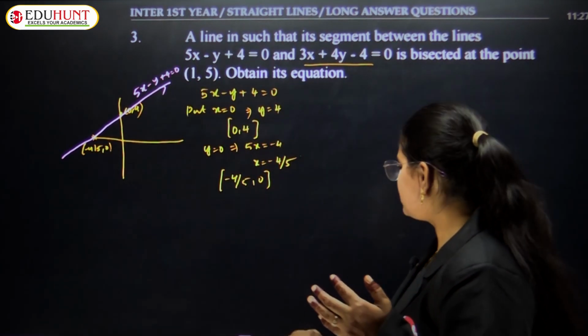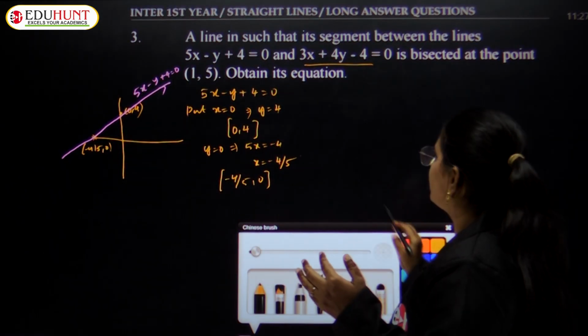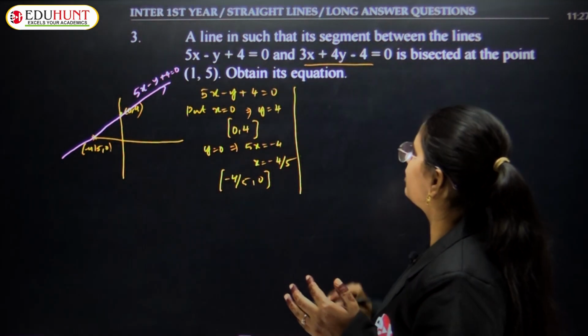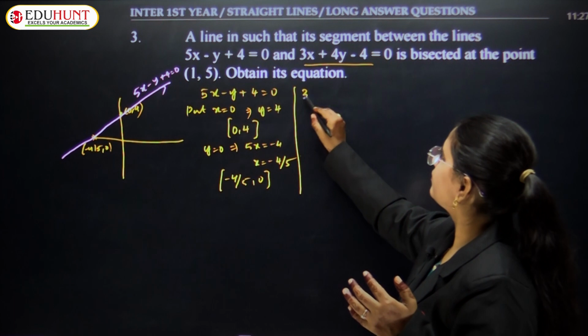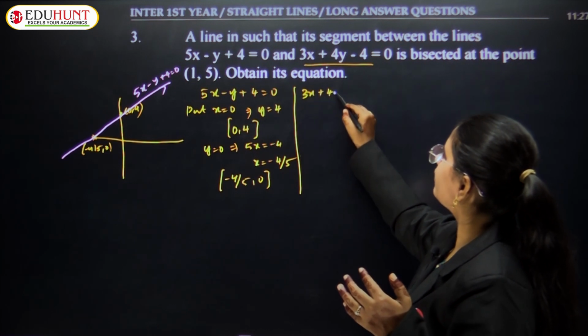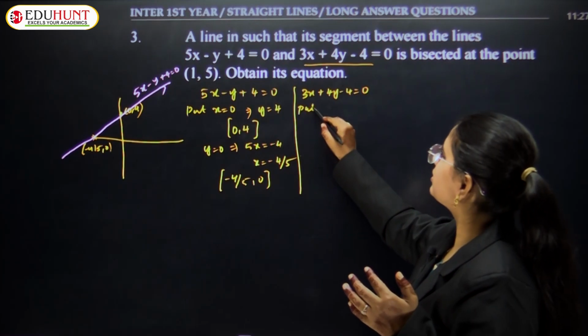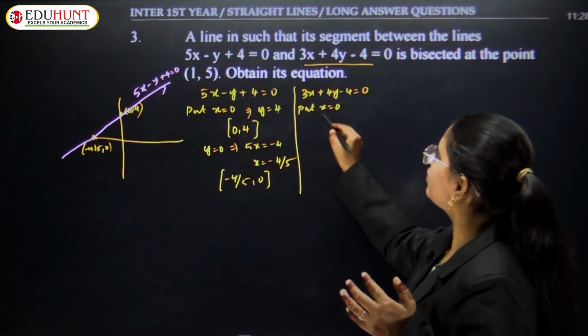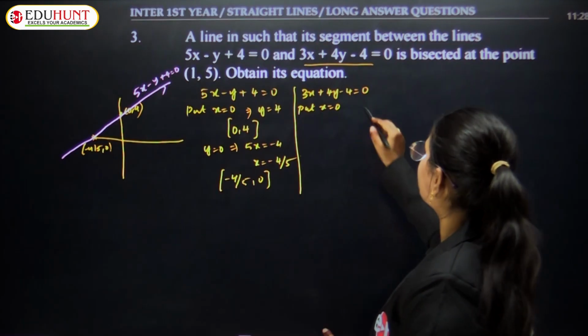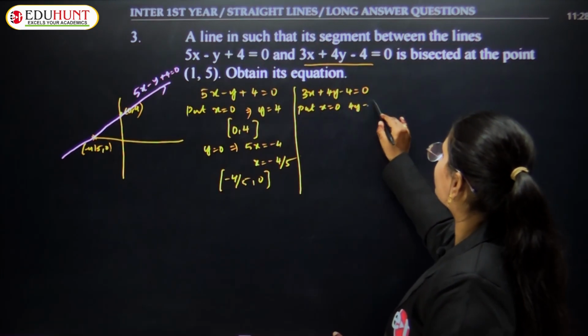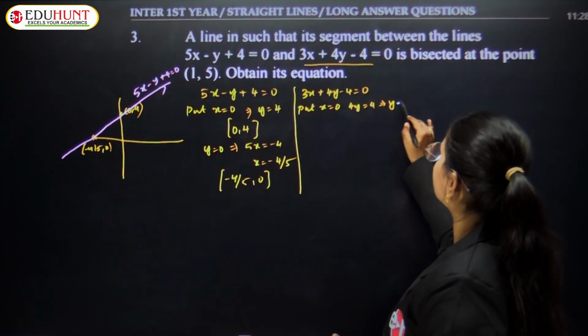So what is our second line? The given second line equation is 3x plus 4y minus 4 equal to 0. Put x equal to 0. Then 4y is equal to 4, y is equal to 1.